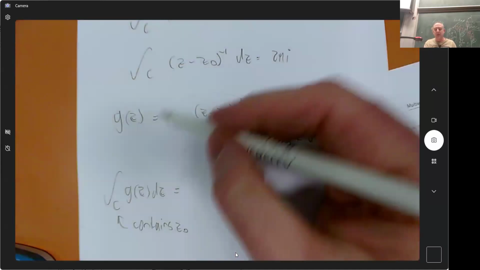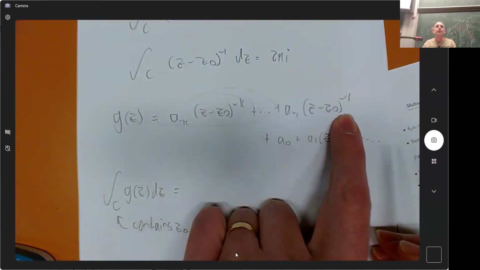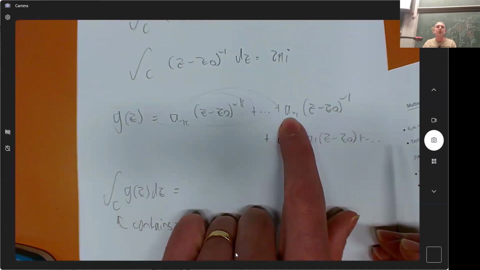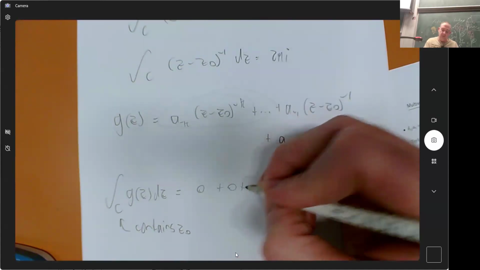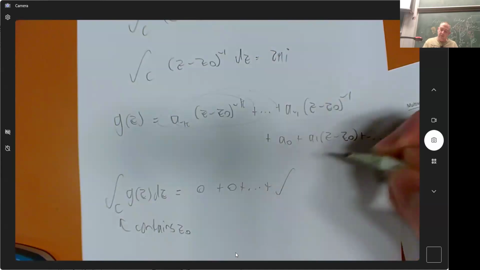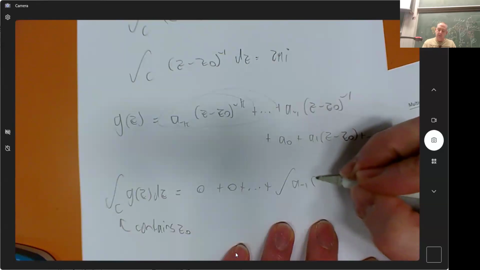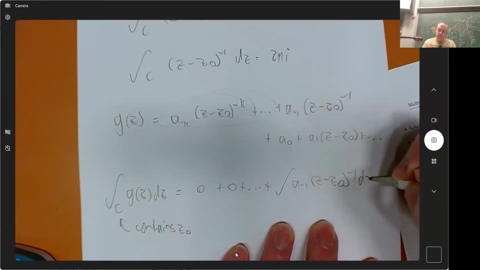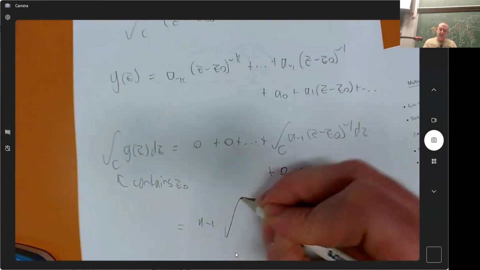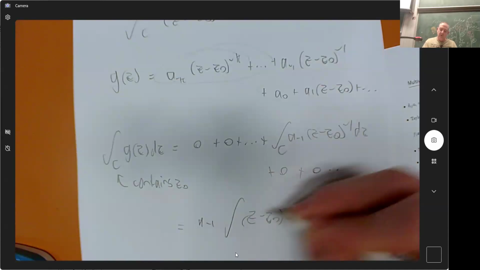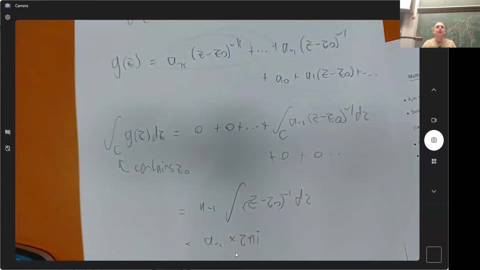And so will all of these, those will all be 0, and you'll end up with just this integral here. So you will end up with 0 plus 0 plus a minus 1 times the integral of z minus z naught to the minus 1 dz, plus 0 plus 0, which is a minus 1 times 2 pi I.